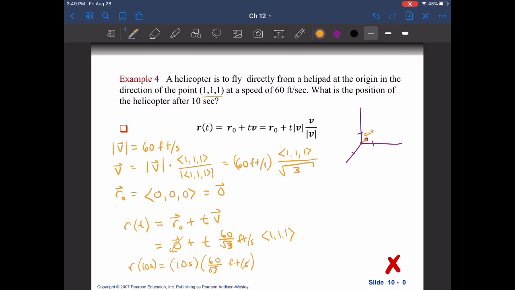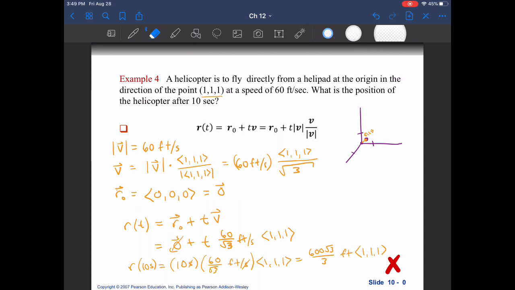And so our seconds will cancel with our seconds there in the 1, 1, 1 direction, like that. And then ultimately, that gives us 600 over the square root of 3, which is what? 600 root 3 over 3 feet in the 1, 1, 1 direction.